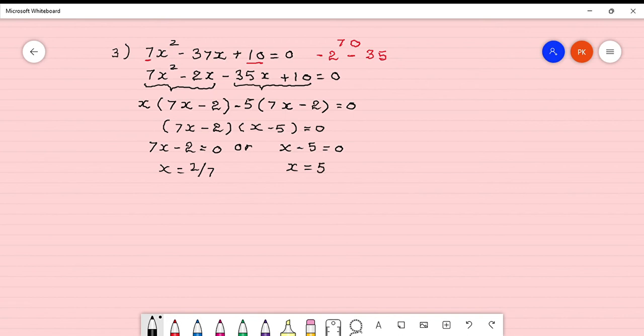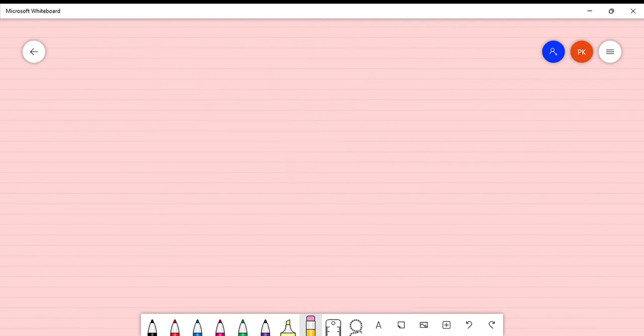Okay, so let us do one more problem here. 4x² - 21x - 18 = 0.